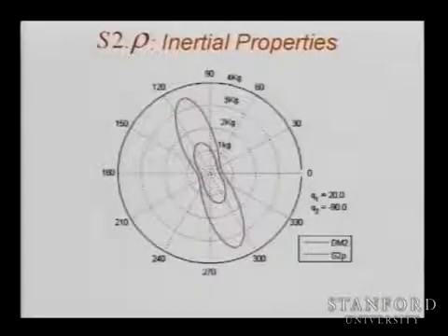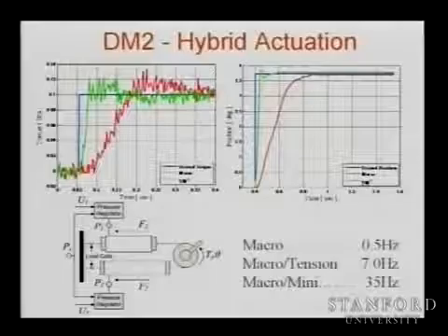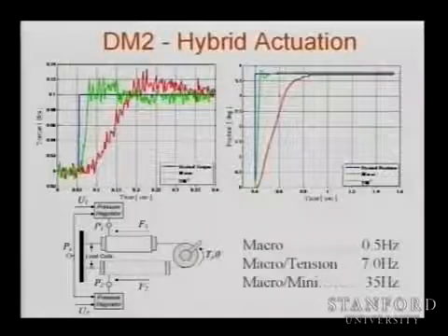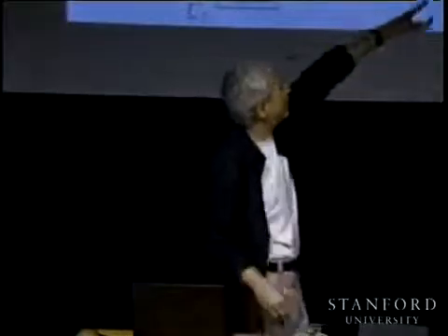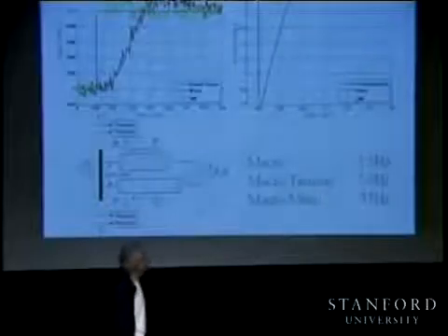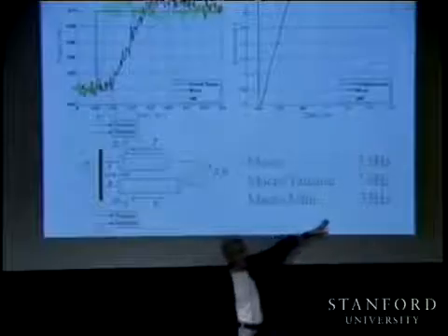So you go from 3.5 to 1.5 kilogram maximum. And you can see on the red response you have the macro robot. Just the macro, the muscle response is very slow. You get almost 0.5 hertz in the closed loop. Whereas with the macro mini, you can go to 35 hertz.